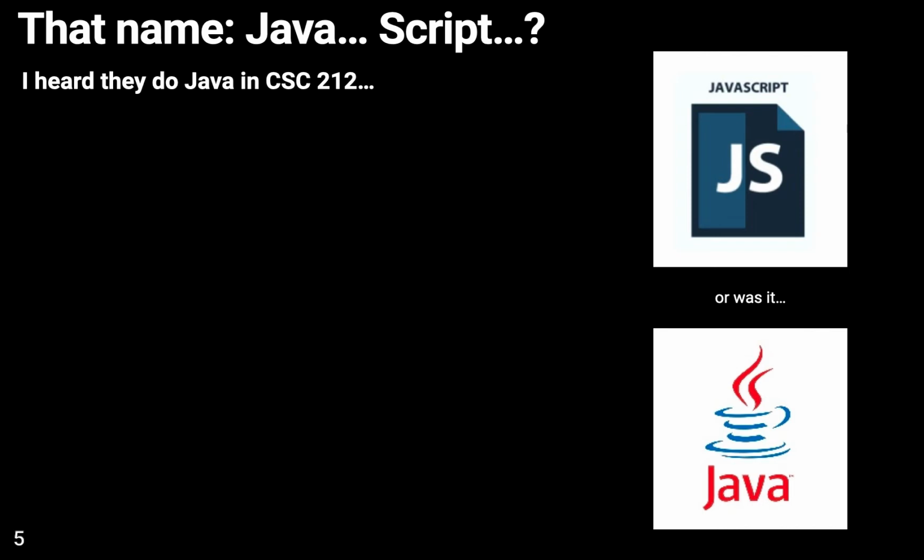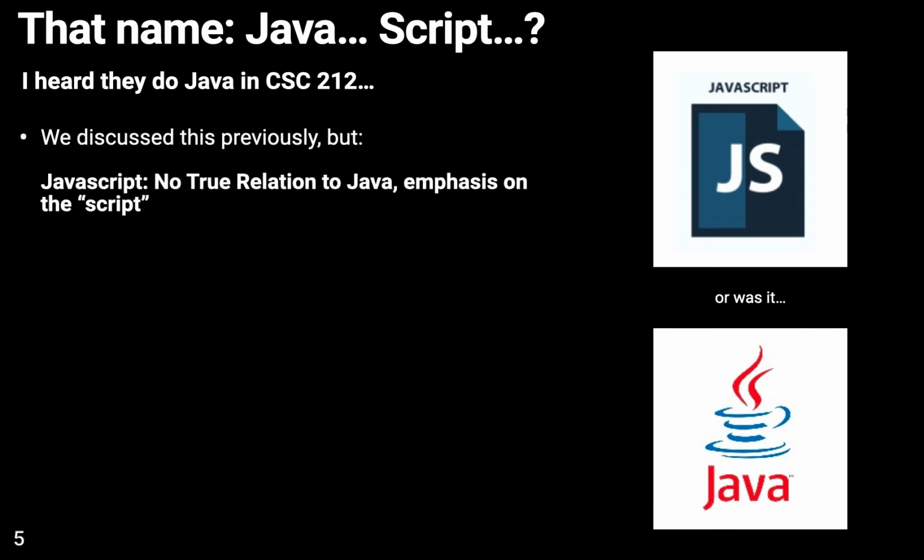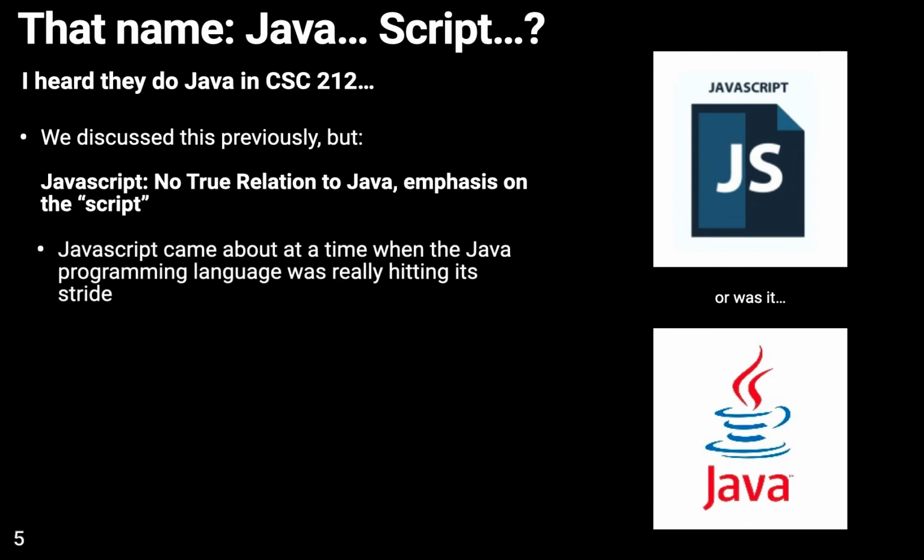JavaScript. I've heard about Java in CS212, right? We've discussed this previously, but JavaScript doesn't actually have any true relationship to Java, the programming language. The emphasis is really on the script part here. For a little background, JavaScript came about at a time when Java was sort of the growing programming language de facto. It was hitting its stride, and it's still a powerhouse today.